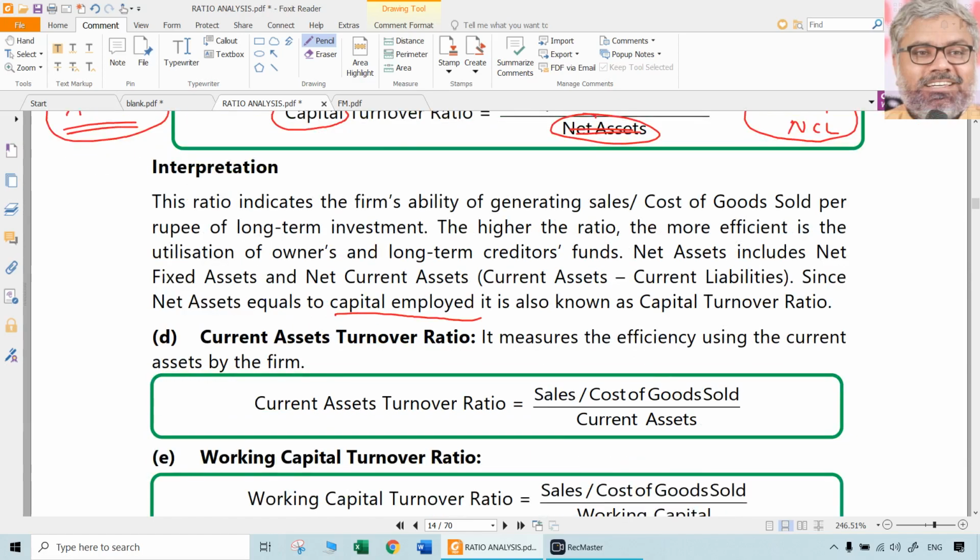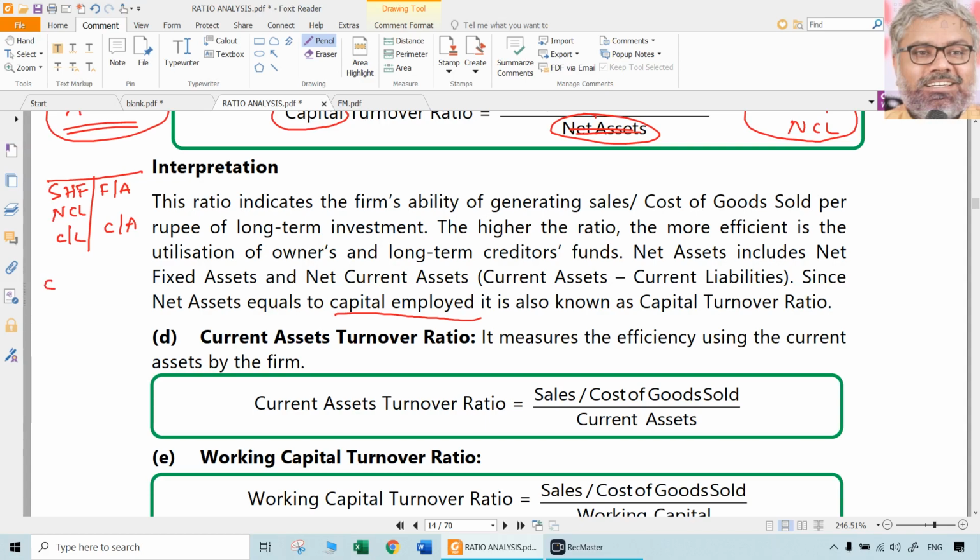Can we find it out in a different way? Yes. If you always remember the balance sheet, you can find the same things in different ways. Fixed assets, current assets, shareholders funds, non-current liabilities, current liabilities. Okay. What is capital employed we are talking?